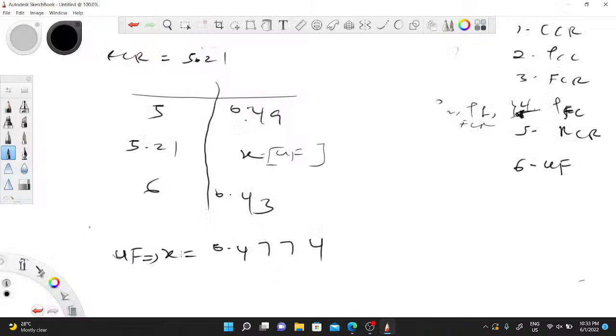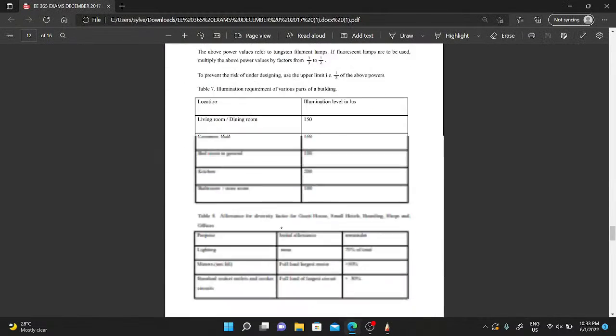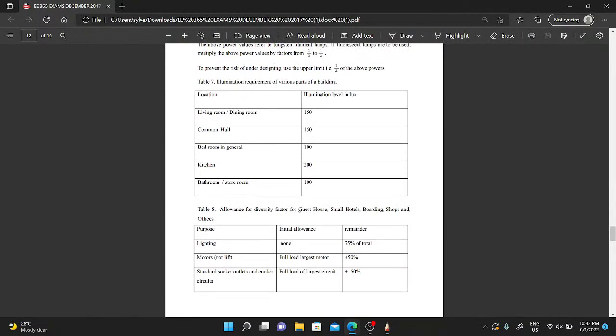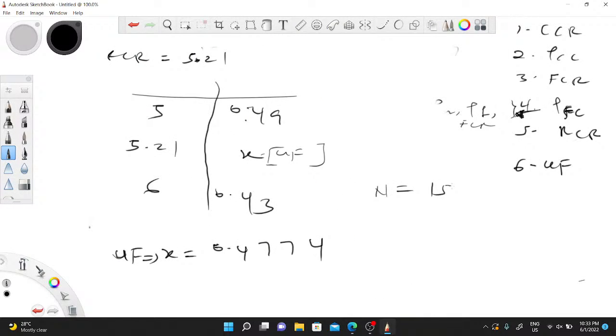Alright. So now we have our UF, so we can find the number of lamps as E. So we'll go to table 7. Table 7. Common hall has illumination 150. So 150 times the area.